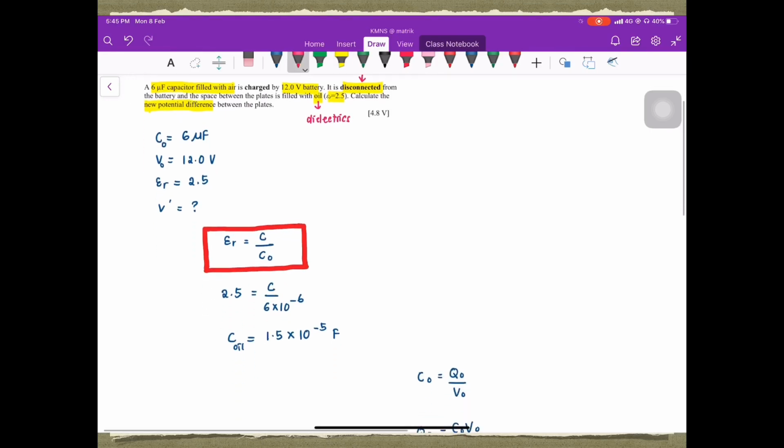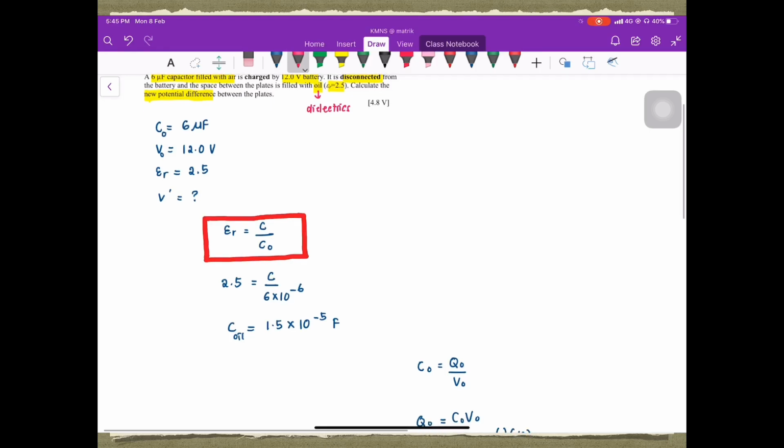Okay, basically using the dielectric constant. The dielectric constant equals the capacitance with dielectric over the capacitance in air or vacuum.